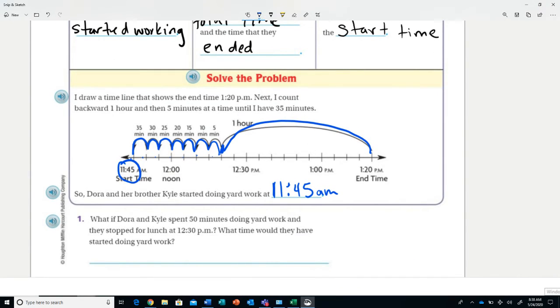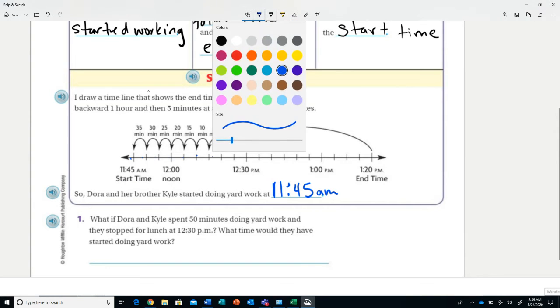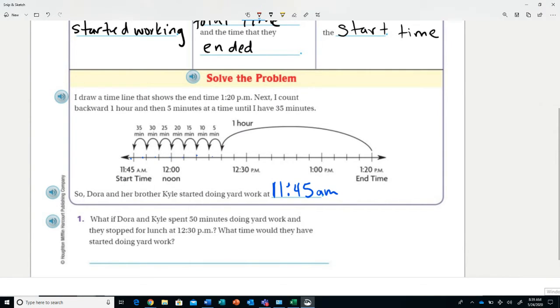What if Dora and Kyle spent 50 minutes doing yard work and they stopped for lunch at 12:30? What time would they have started doing yard work? Now, I'm not going to get rid of their nicely drawn graph here. I'm just going to repurpose it for a second, so I'm going to switch to a bolder color.